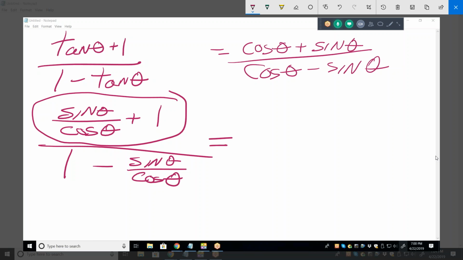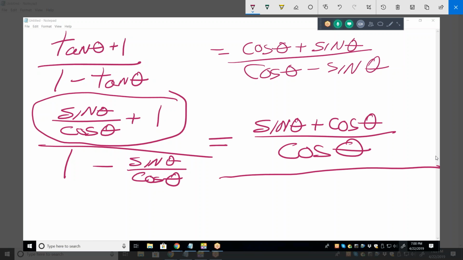You have to convert it to a fraction. So what's 1 become? Doesn't 1 become 1 over 1? It becomes cosine over cosine. In other words, in order to add these two fractions, I need a least common denominator, and it's going to be cosine. So the numerator becomes sine of theta plus cosine theta all over cosine theta.